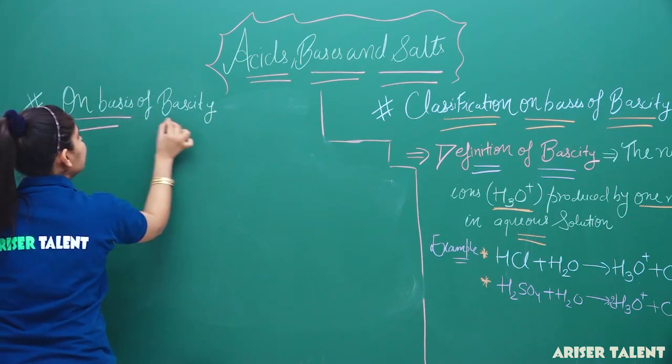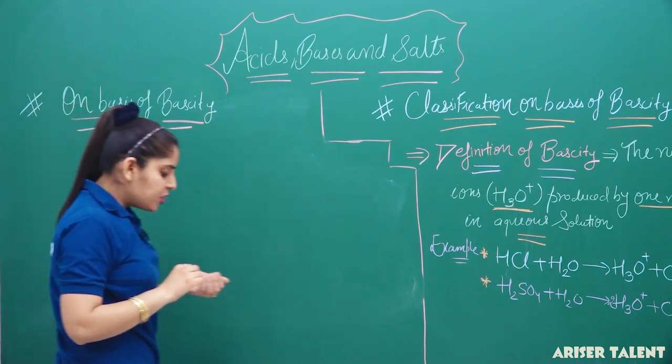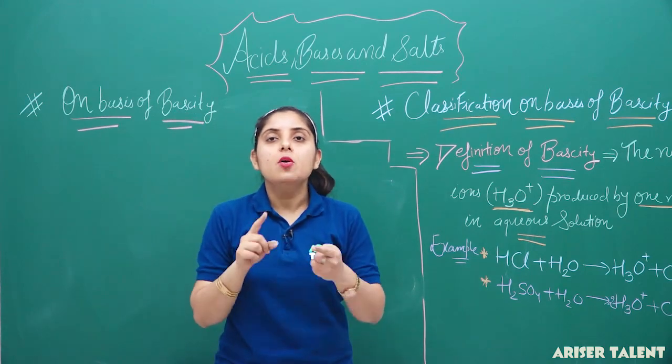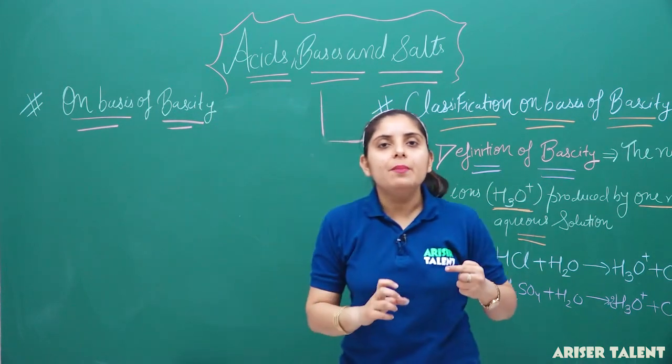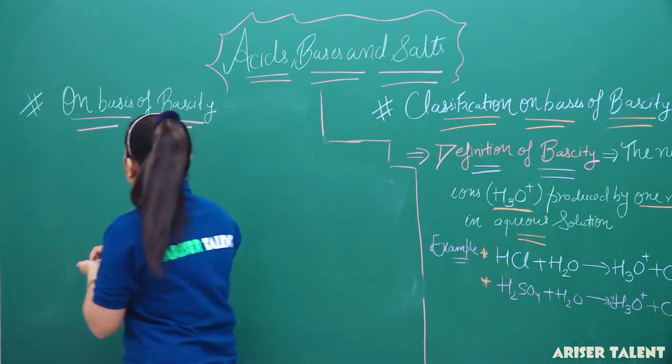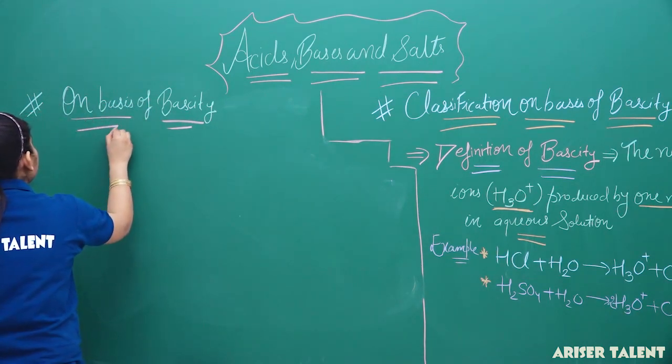On the basis of basicity, we have the 3 classification of acids over here, that is monobasic, dibasic and tribasic acids. So we have again 3 categories.